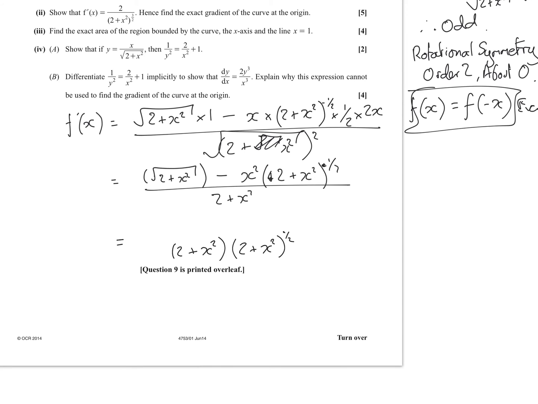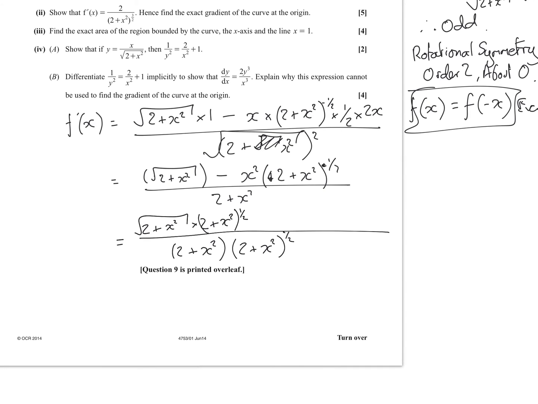Now I'm going to do that to the top, and I'm going to hope that with a bit of luck, it'll simplify to 2. Okay, let's see. Root 2 plus x squared, and I've got to times this by 2 plus x squared to the half. That's looking good already.